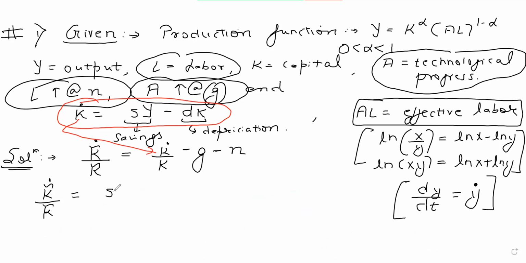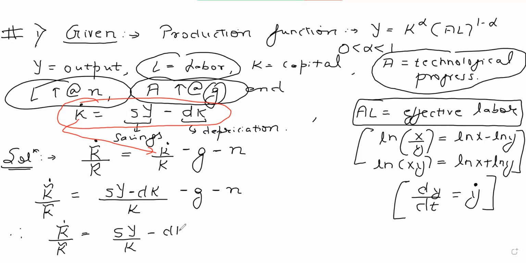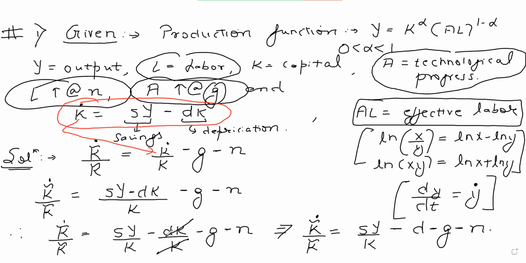K dot is nothing but sY minus dK over K, minus g minus N. So I can separate and write this as sY by K minus dK by K minus g minus N. This implies K tilde dot by K tilde is equal to sY by K minus, K and K cancel here, minus d minus g minus N.